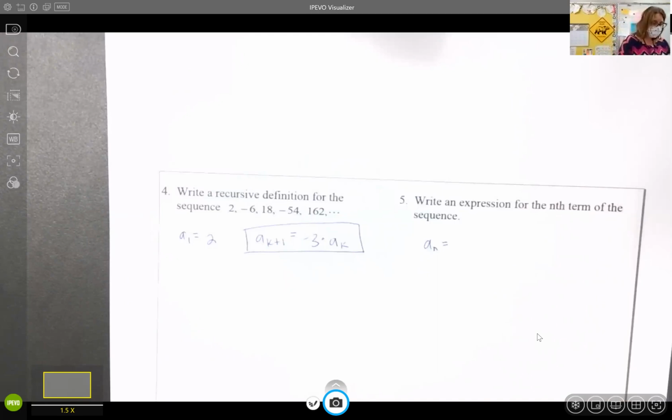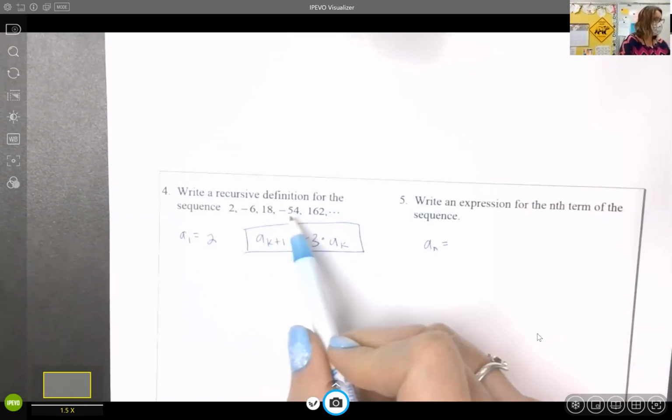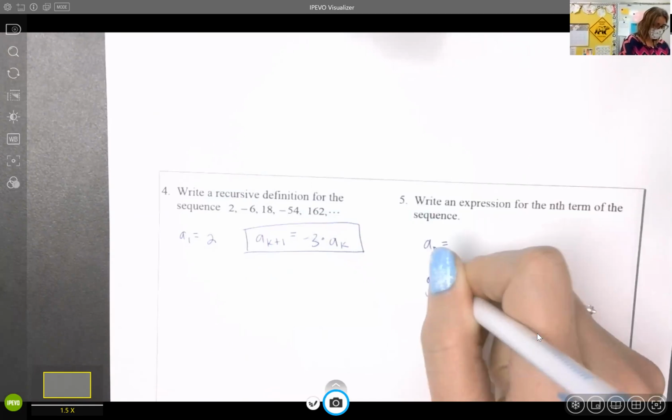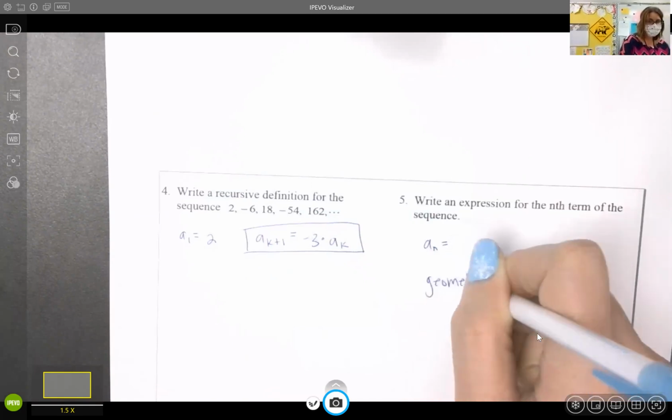So to get from 6 to 18, what are you multiplying by? And to get from 18 to negative 54, what are we multiplying by? So we're multiplying by the same number. What kind of sequence is that? It's a geometric sequence, right?